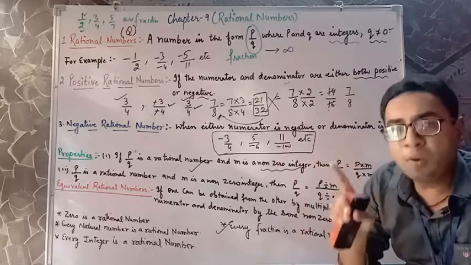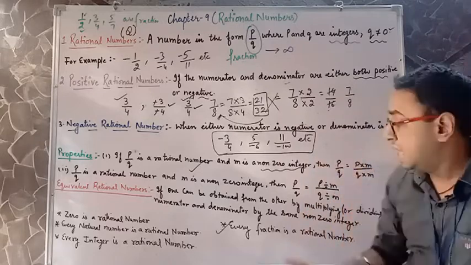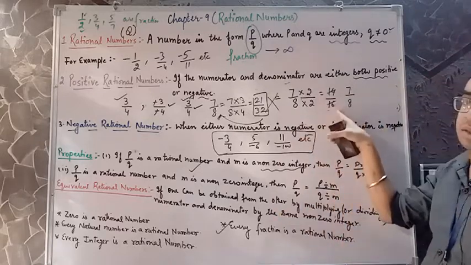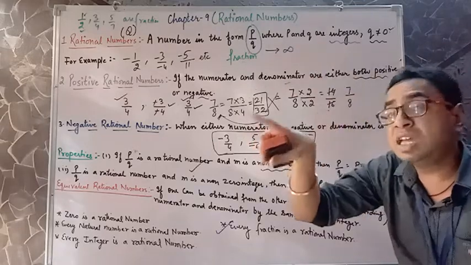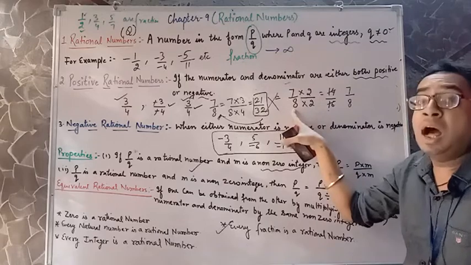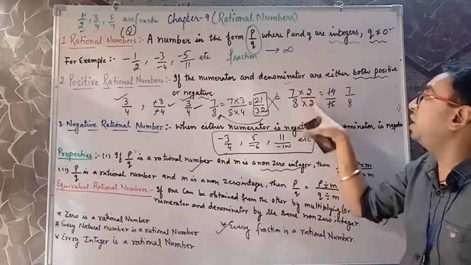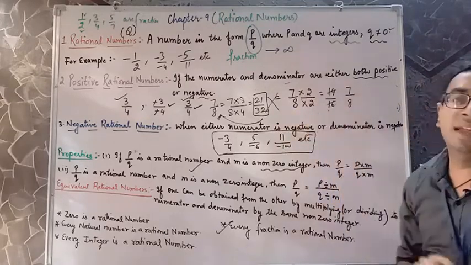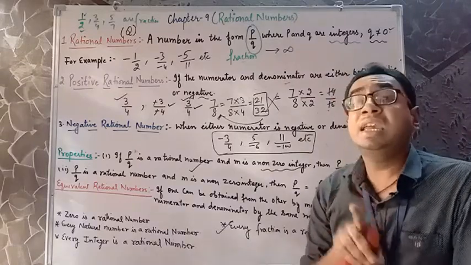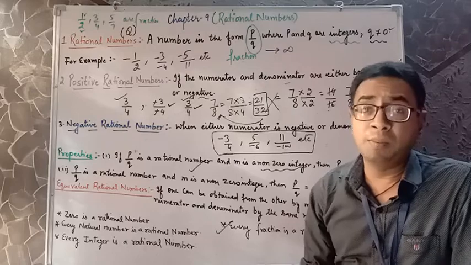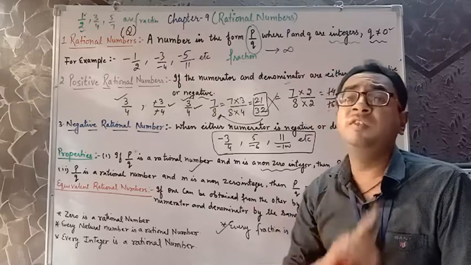This is what an equivalent rational number is. When we obtain one rational number, 14 by 16, from another rational number, 7 by 8, by multiplying numerator and denominator by 2, we are getting equivalent rational numbers. Clear with this? This is very, very important.